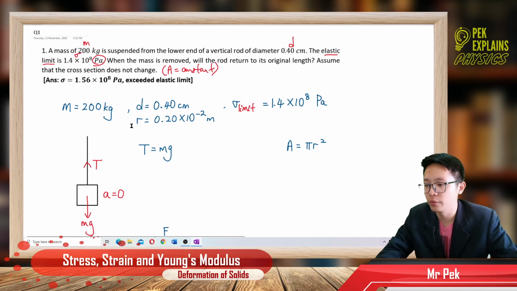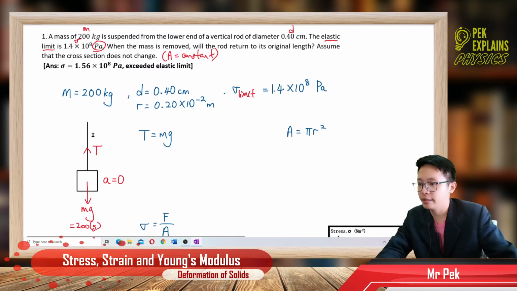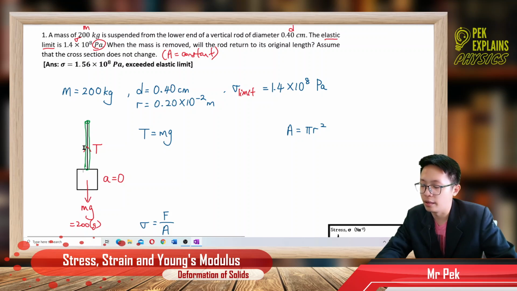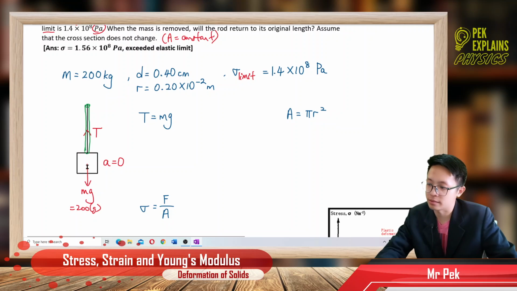From the diameter of the rod, we can get the radius. Radius is divided by 2, so 0.2 centimeter. Centimeter must be changed to SI unit; centi is exponent -2. This is the rod, actually like a cylinder, hanging the mass.